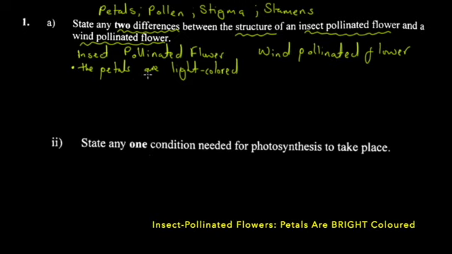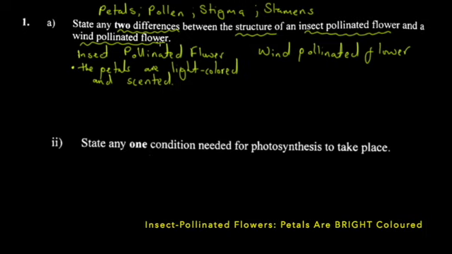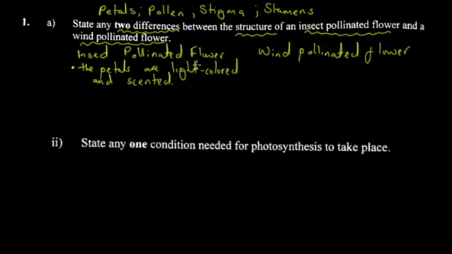So the petals, they are light colored and scented. Okay, it means that they are light colored and then they are perfumed. The reason is we want to attract insects. Okay, so if they are bright colors, they can stick out in the ecosystem. Okay, that's the reason.